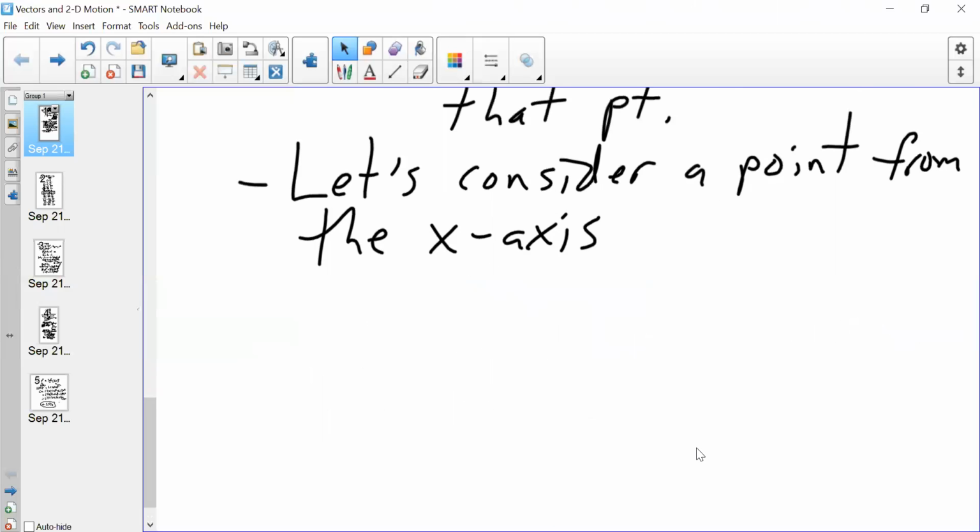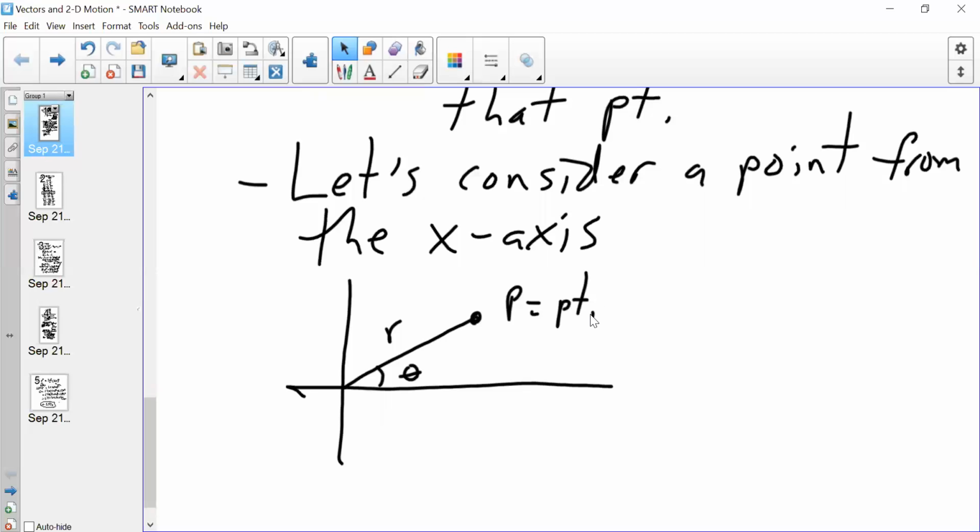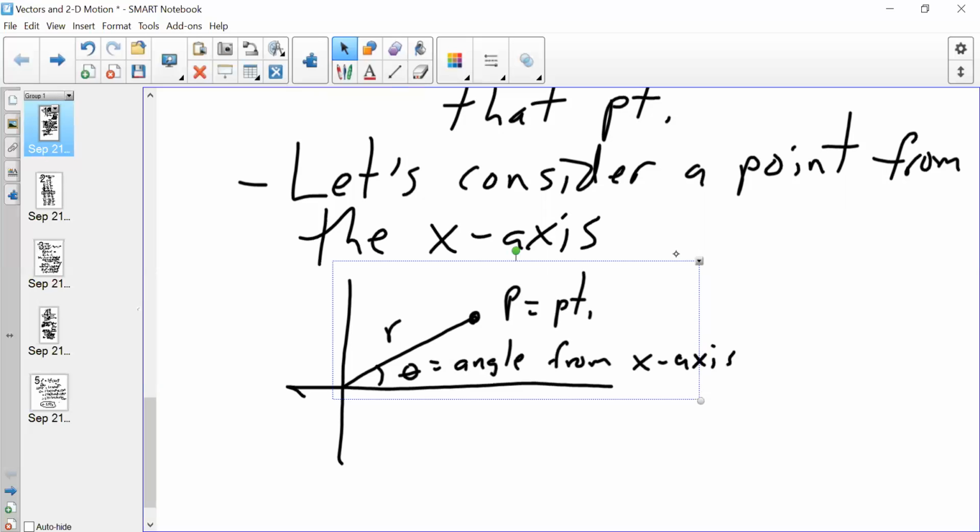Let's consider a point from the x-axis. We have an XY coordinate system this way, and we have a distance from the origin we call r, and this is theta. This P here is for our point. Theta is the angle from the x-axis.